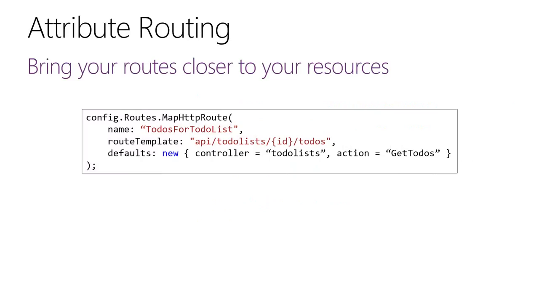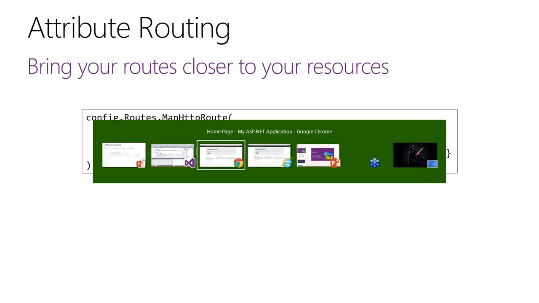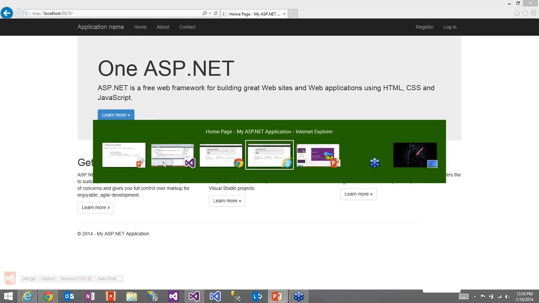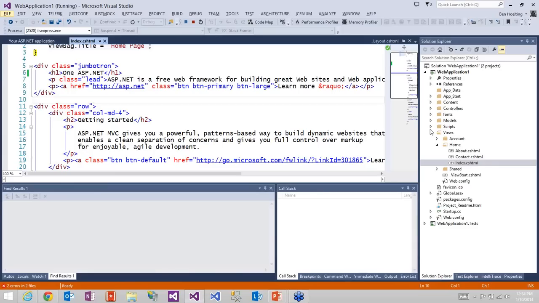Attribute routing, I think, is going to be one of the major features of this particular release. The reason I say that is because of the way that you're doing routing now. Let's just look at it real quick so that everybody understands what I'm talking about.